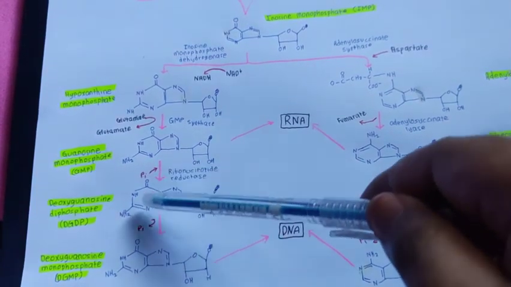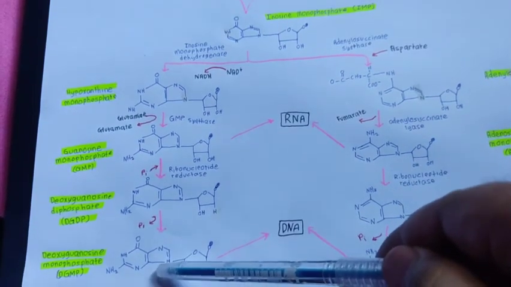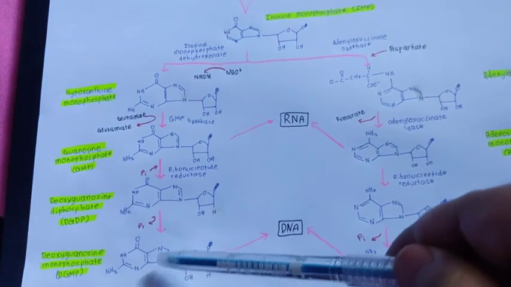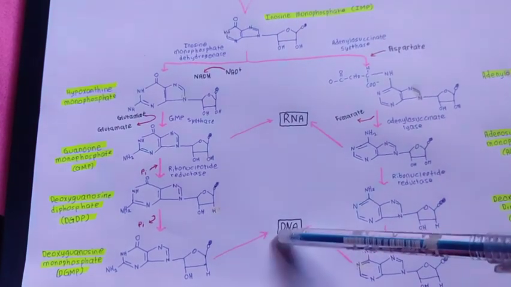So this dGDP was converted into deoxyguanosine monophosphate dGMP. So this dGMP can be used to convert into DNA.